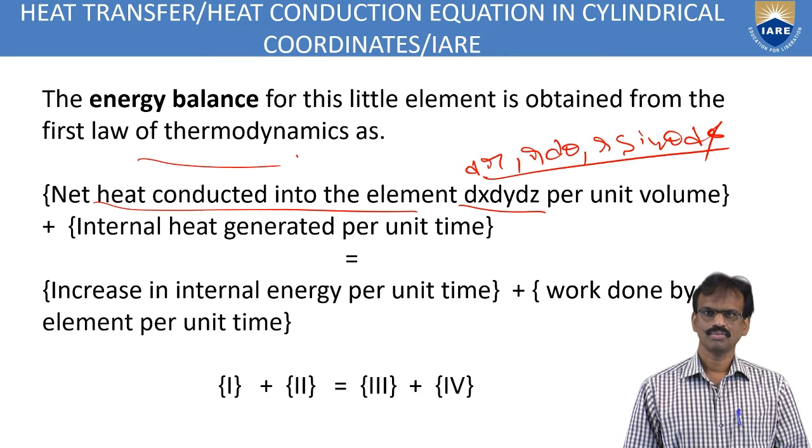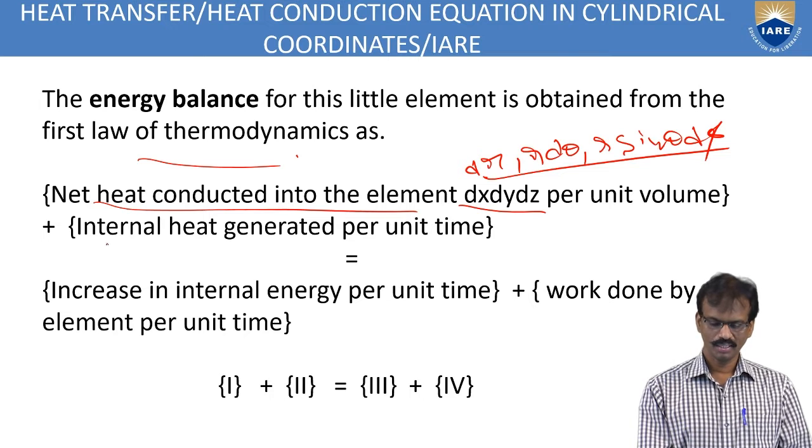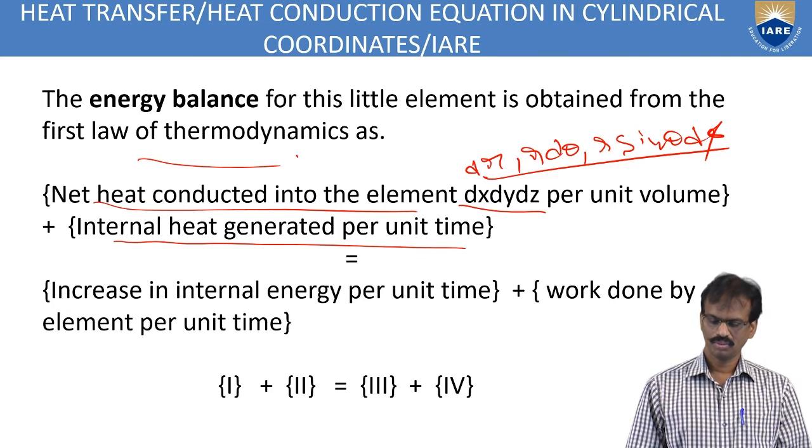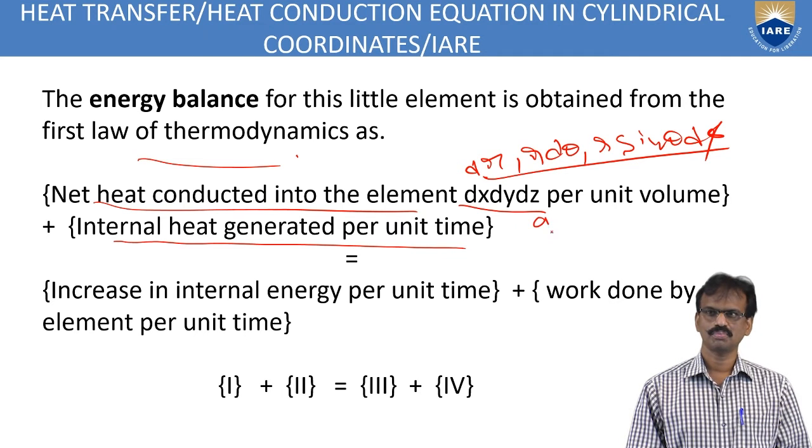Net heat conducted into the element dr, d theta, r sin theta d phi, plus the internal heat generated per unit time. We know that the internal heat generated is the heat flux small q times the volume.